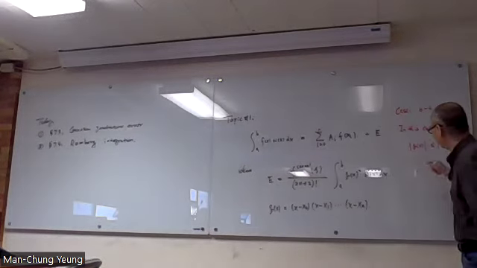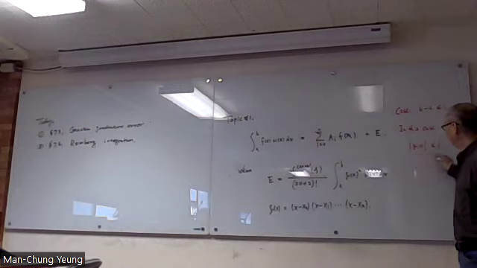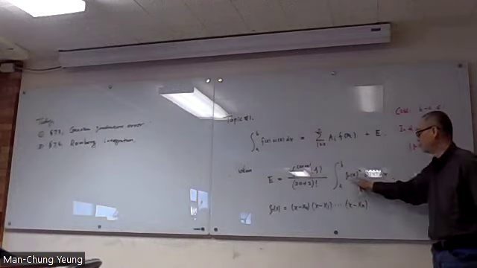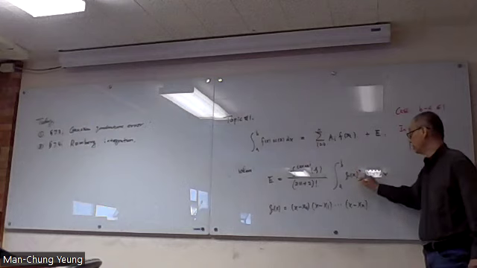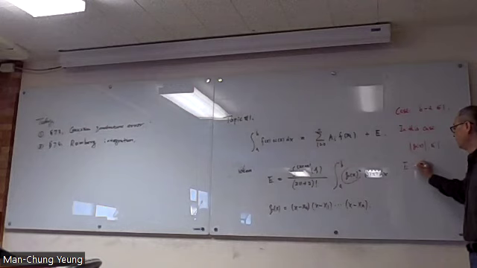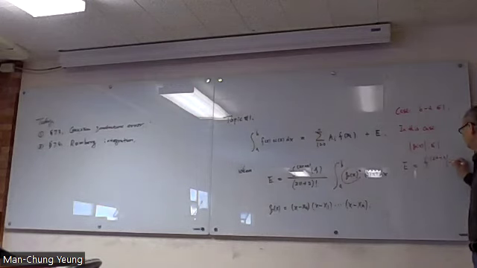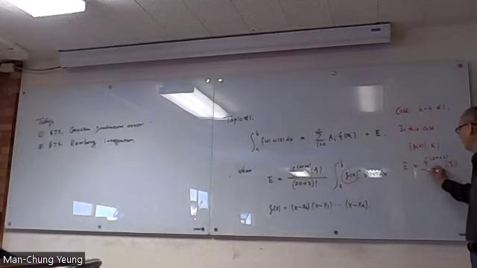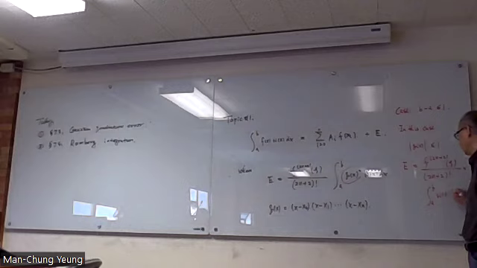You agree? In this case we can drop this from the error term. The error term is then the (2n+2)th derivative at xi, where xi is between a and b, over (2n+2)!, times the integral from a to b of omega(x).